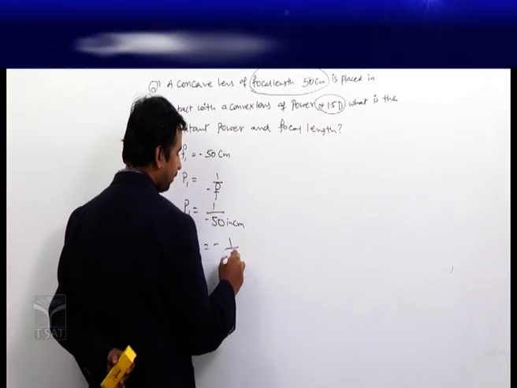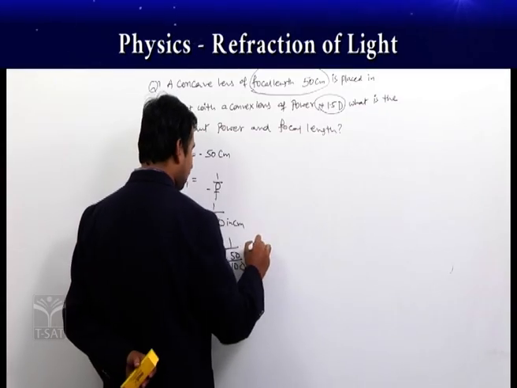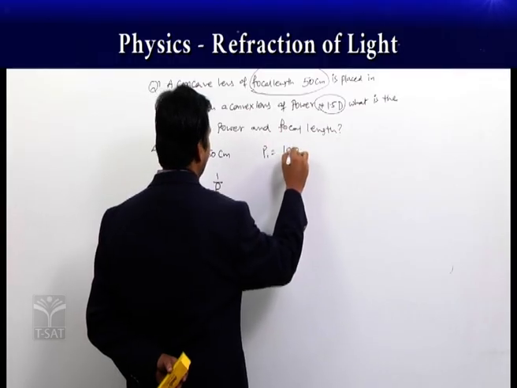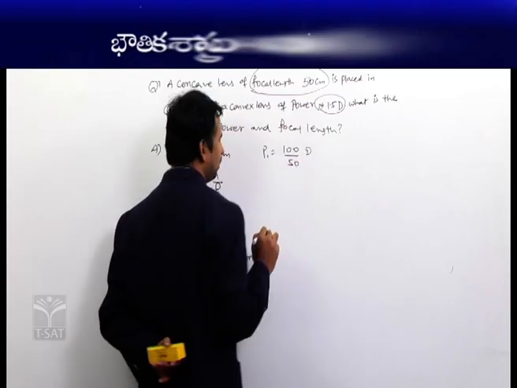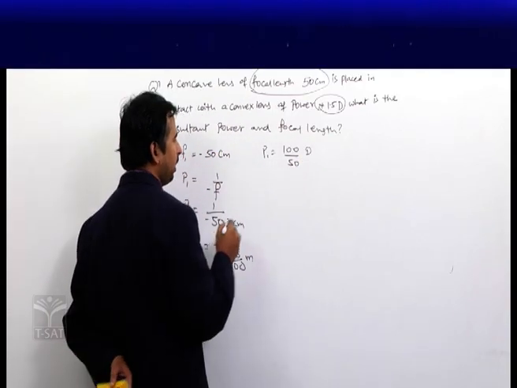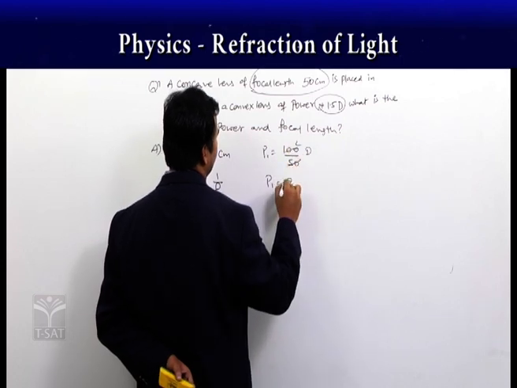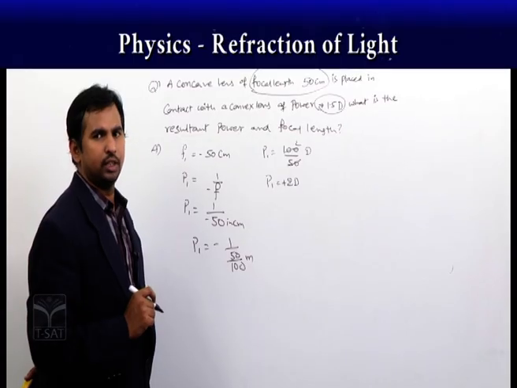We can write that as 50 by 100 meters. Then P1 is equal to 100 by 50, in meter inverse, which means diopter. So finally we got P1 is equal to 2 D.